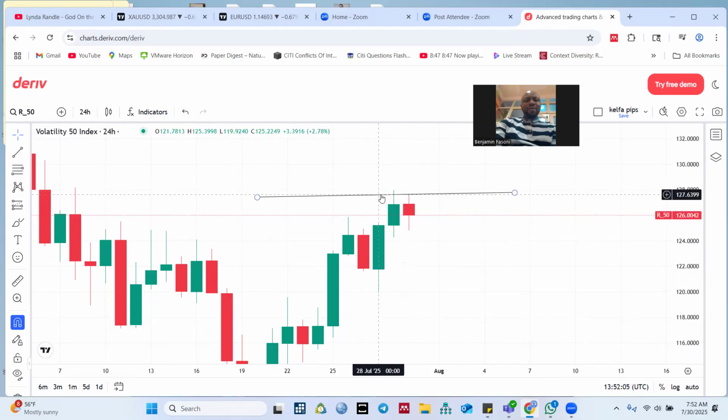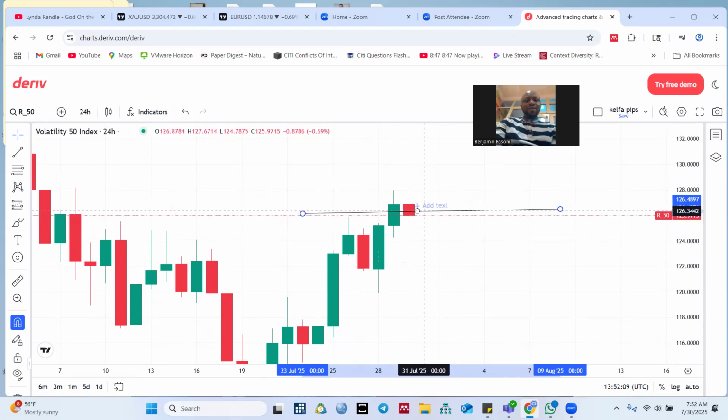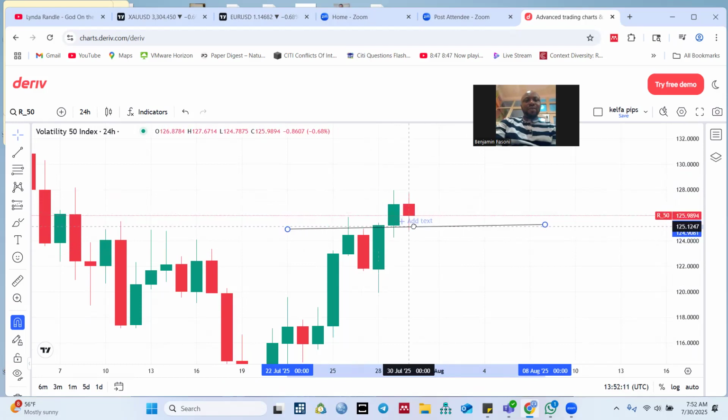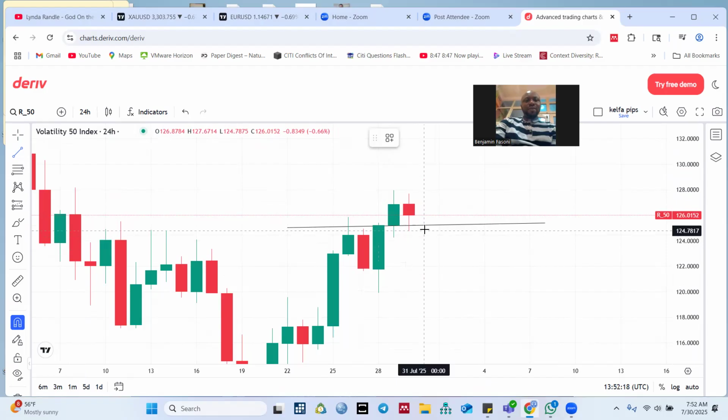So what is the condition that we have to see? If this bearish candle is able to close below this bullish candle's body, then there is a change of structure, or we are going to say we are likely to have a change of structure.